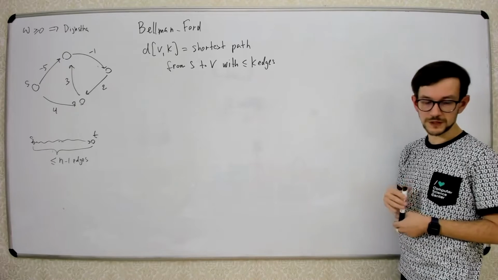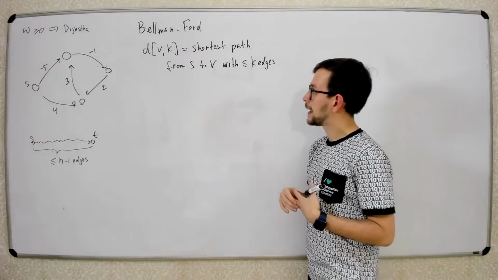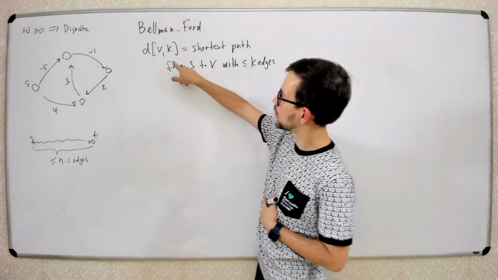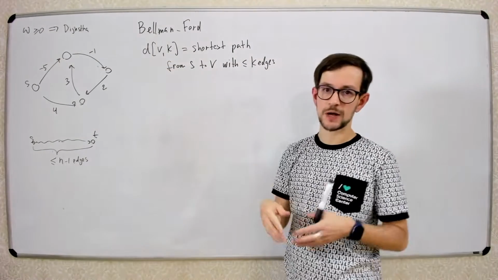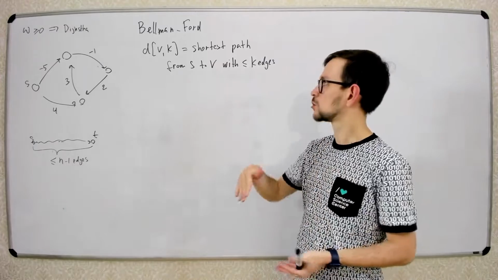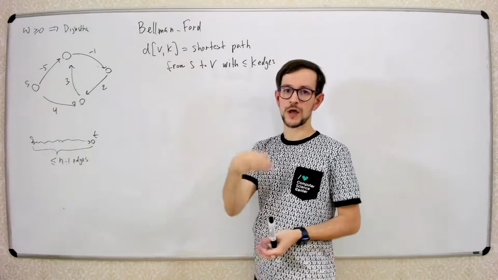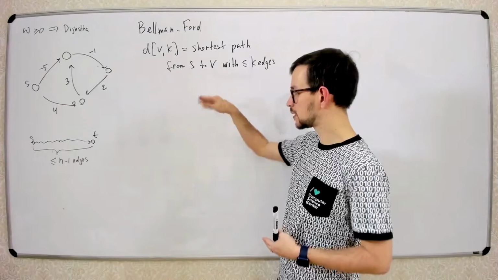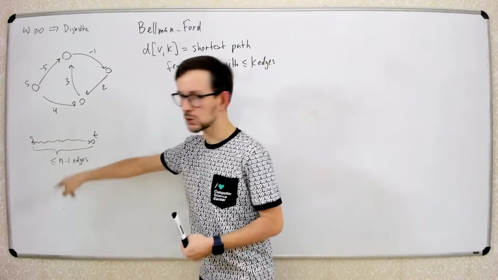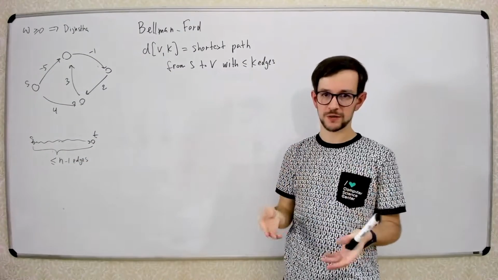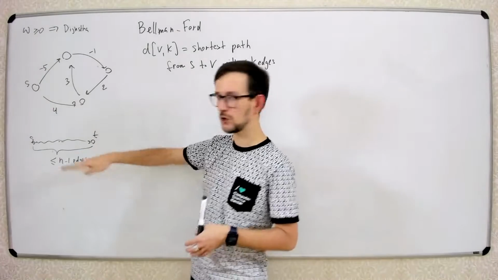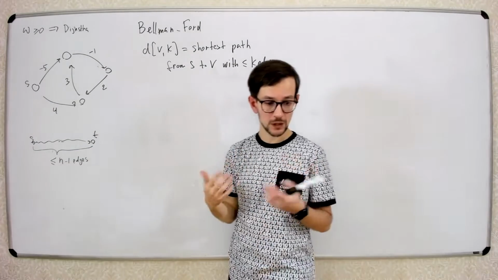That's the plan. Now we'll calculate these values by increasing the value of k. First we'll calculate for k equal to 0, then for k equal to 1, and so on. In the end, when k is equal to n-1, we will find the shortest path, since the shortest path always contains no more than n-1 edges.